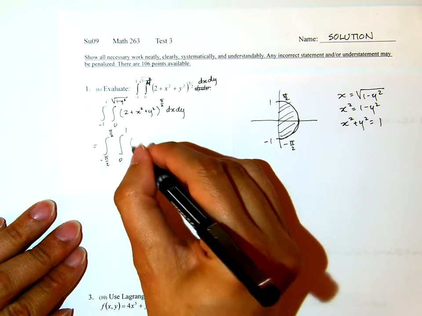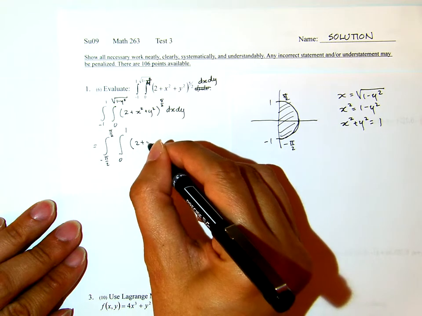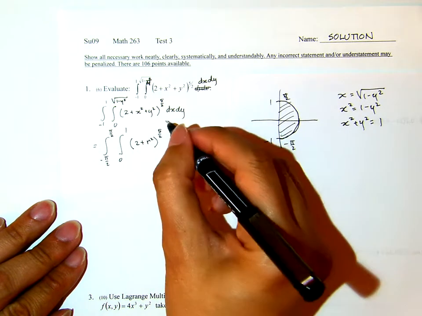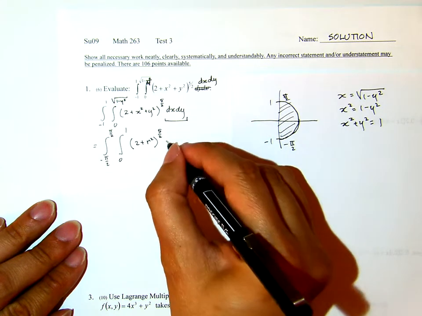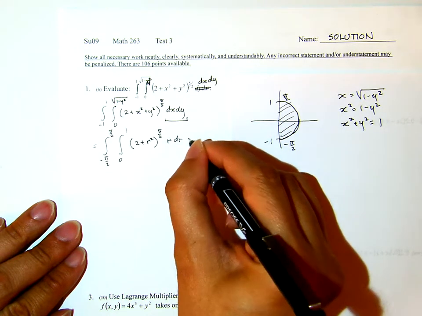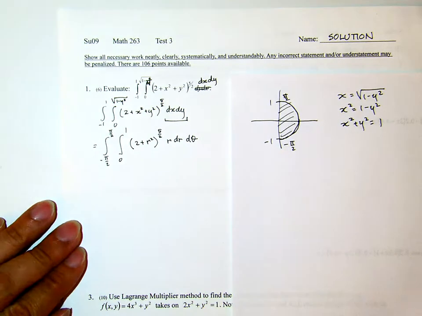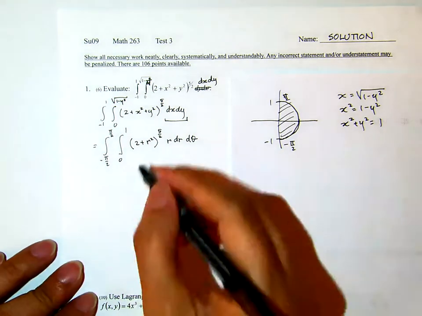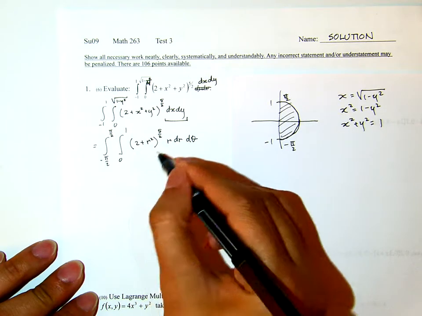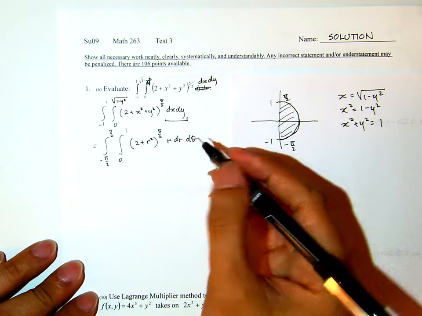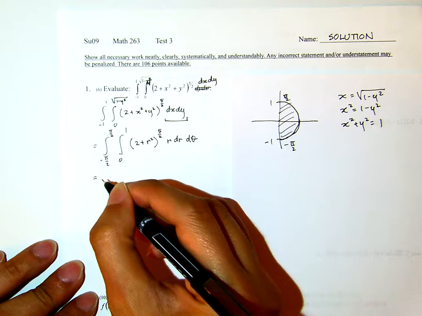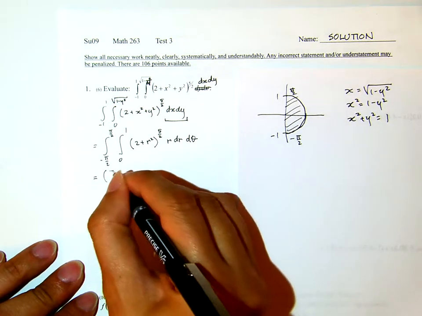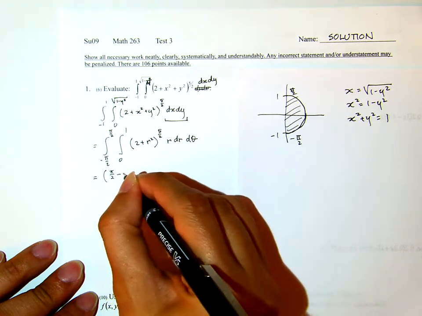And then inside I will change that x squared plus y squared to be r squared, and the dx dy now becomes r dr d theta. Okay, now you can see that the inner integral and the integrand are independent of theta, so the integral from -pi/2 to pi/2 of d theta will be basically the length of that interval.